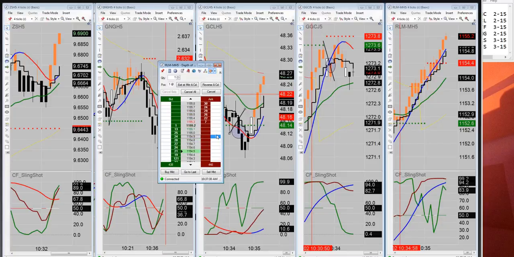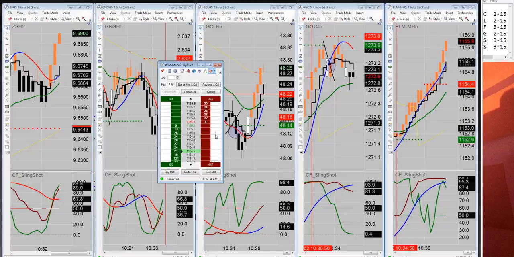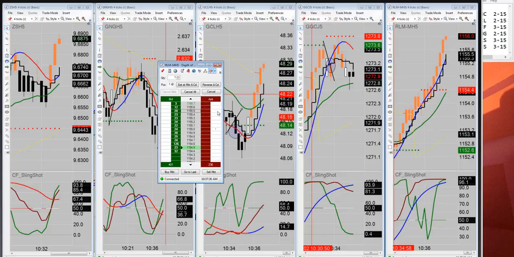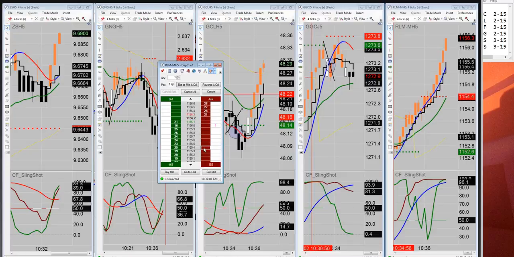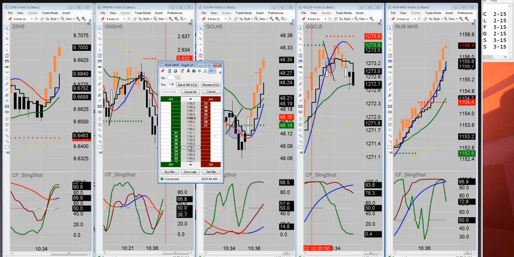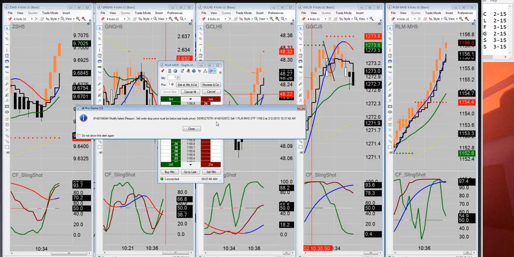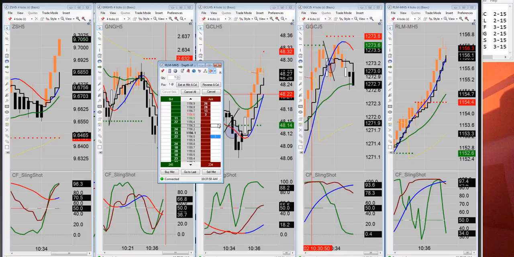Lock in 5 ticks. And I'm in at 54.5. 10 ticks. 15 ticks. And he's into the end zone.